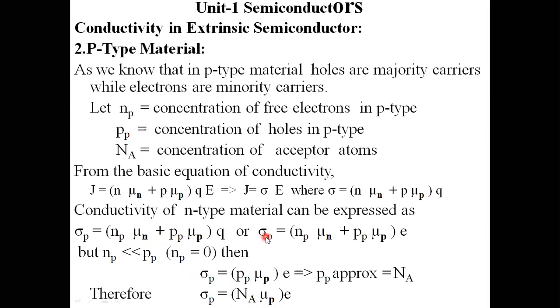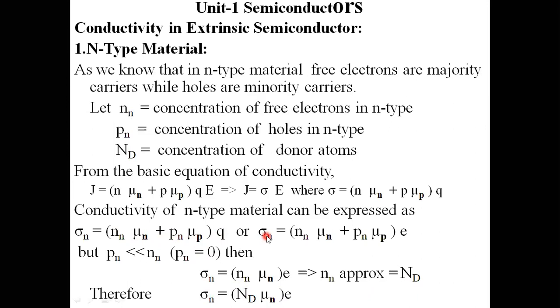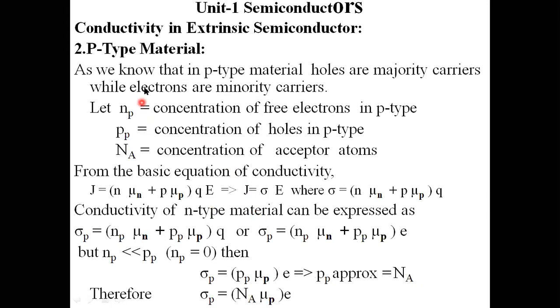The same principles we applied here, we are going to apply for p-type also. In p-type material, holes are majority carriers while electrons are minority carriers, and the suffix notation is indicated with p. In the previous section we used suffix small n, whereas in this section we use suffix small p.